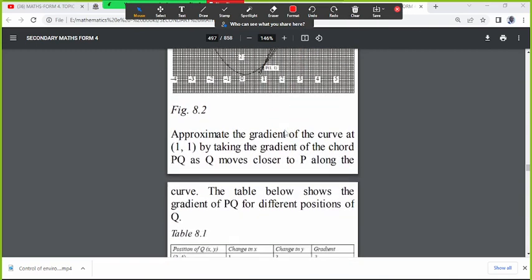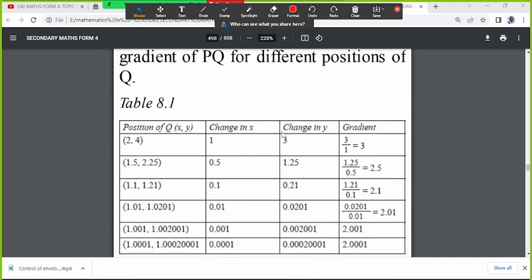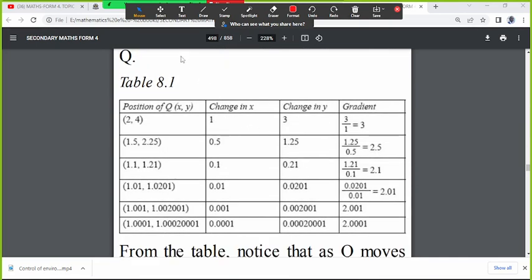This table is illustrating the same, that Q can keep on moving closer and closer. So this is the position of Q as it approaches the position of P, which is 1, 1. And what will be the gradients?